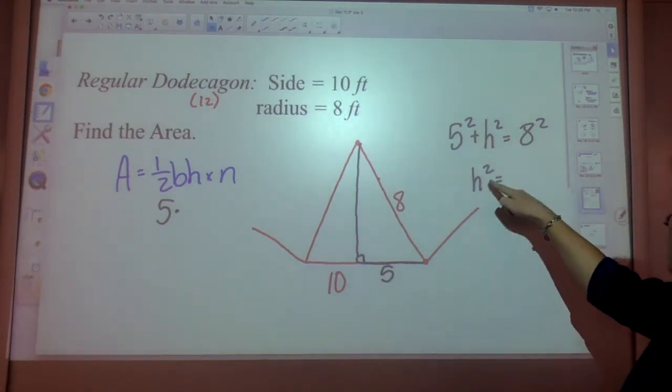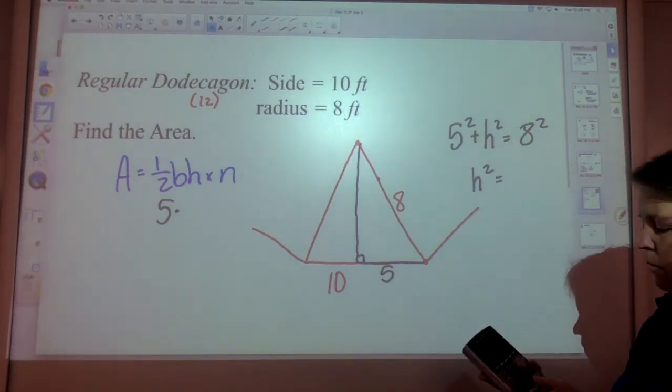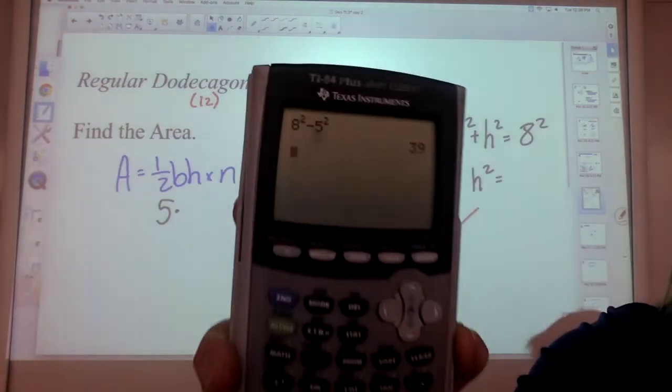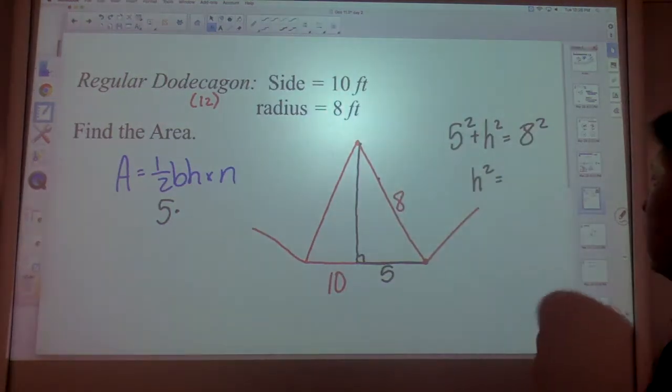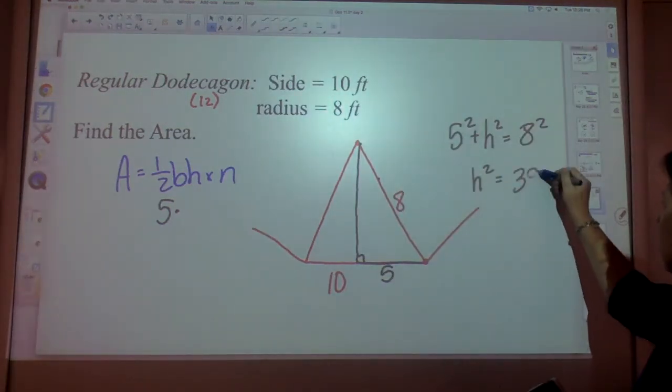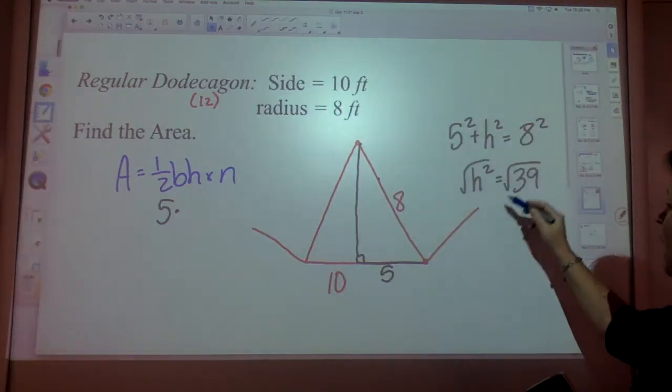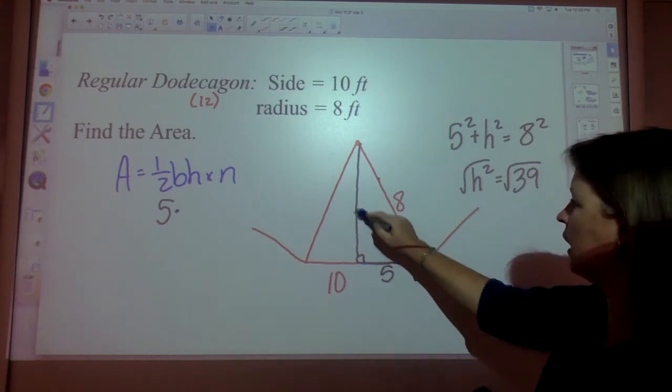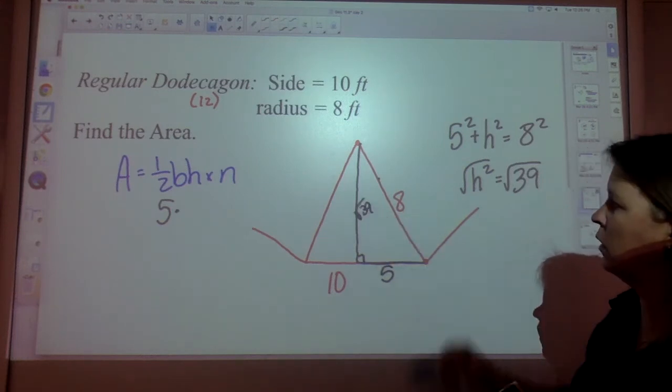H squared equals 8 squared minus 5 squared. 8 squared minus 5 squared is 39. And the square root of 39 is just the square root of 39. Don't round it. No decimals.